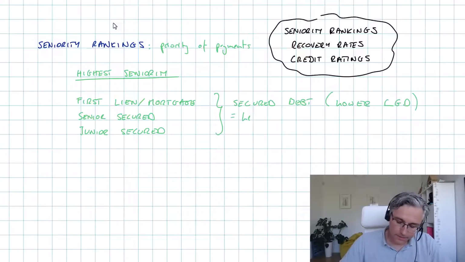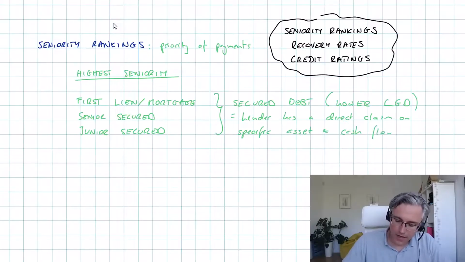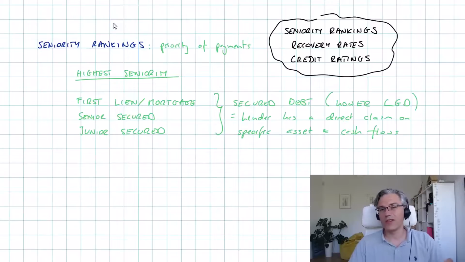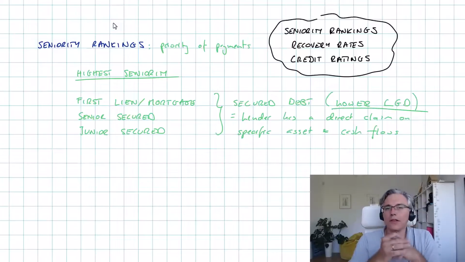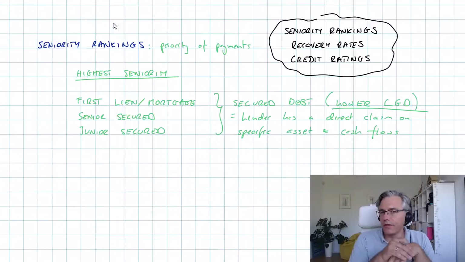The lender or the debt holder has a direct claim on specific assets or a specific asset, and the cash flows that arise from its sale if that asset gets sold following a borrower's default. So obviously, if default happens, you're going to incur a lower loss if you hold secured debt instruments.